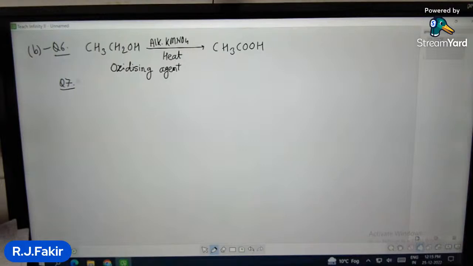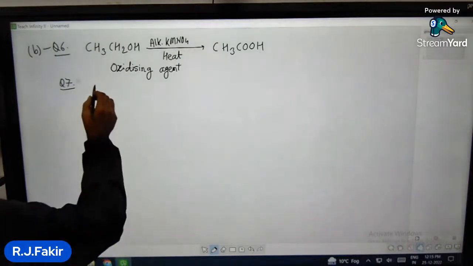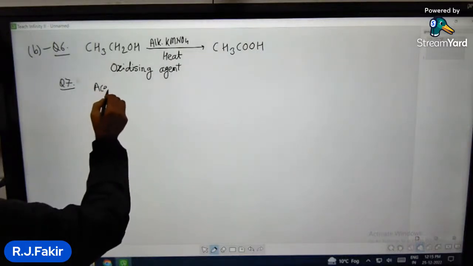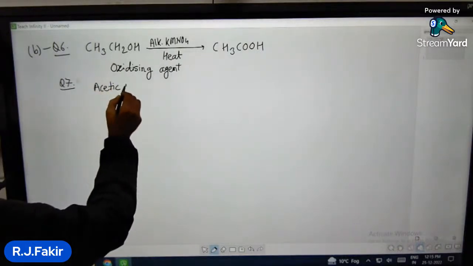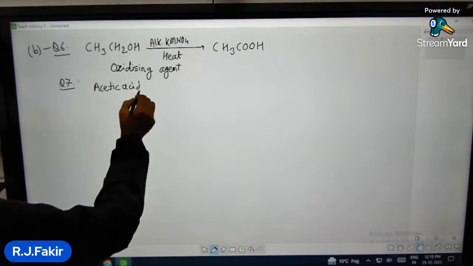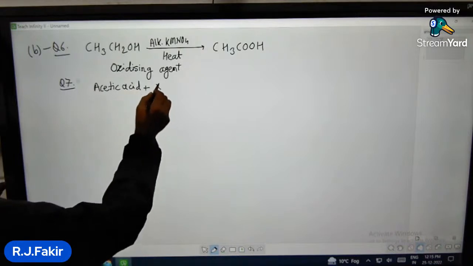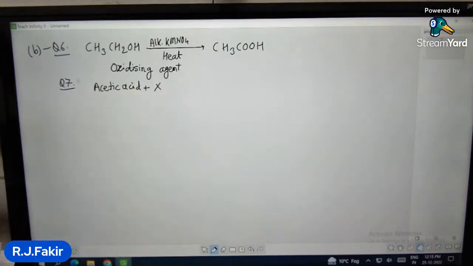In this question, acetic acid is added to solid X. That means you have acetic acid and some X material is added to that. A colorless and odorless gas was evolved.